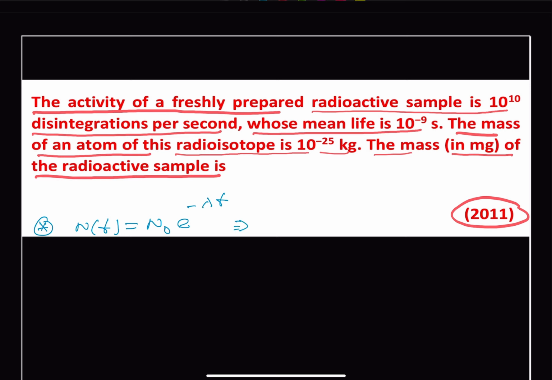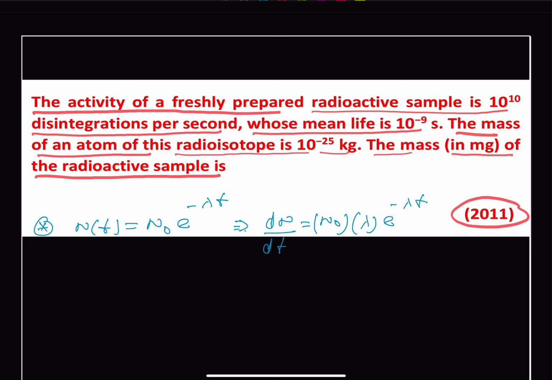So we differentiate it, we get dN upon dt will be equal to N naught lambda e raised to power minus lambda t.